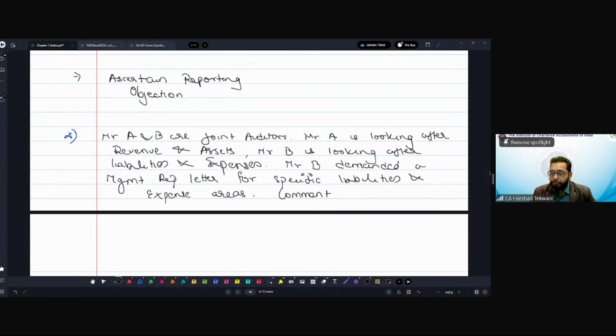If joint auditors have decided on the areas of work, they will be responsible for all the procedures related to that specific work area, starting from obtaining information and any coordination throughout the audit process of that one particular area. So this is right in the present case. Okay. Anyone else?